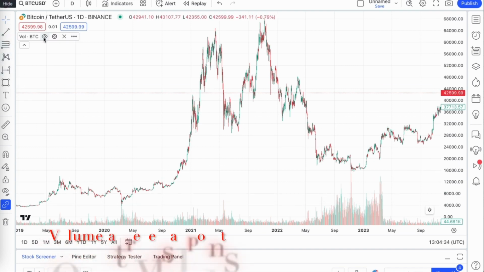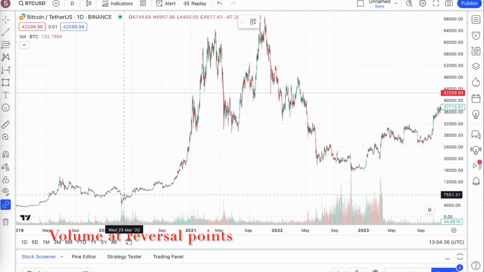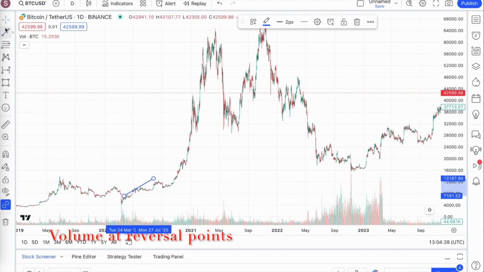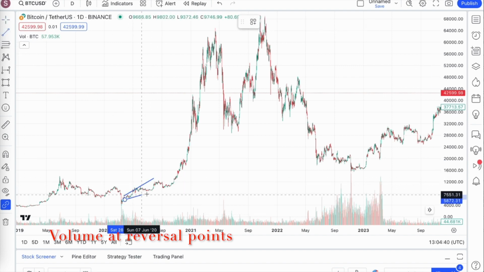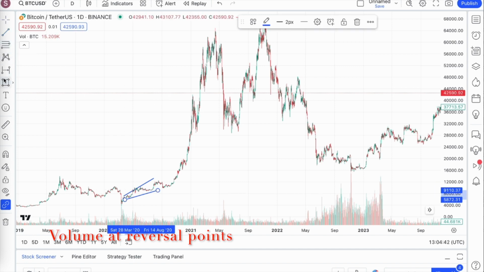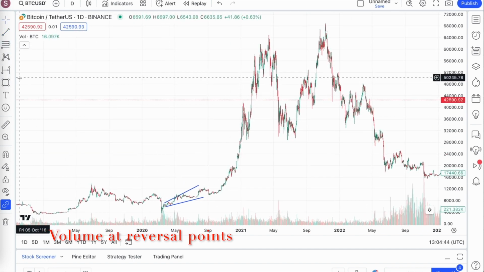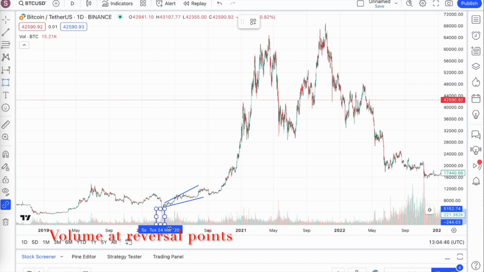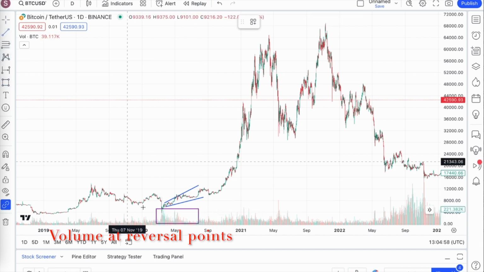So using the same Bitcoin USDT chart, I'd like to show you how volume indicates reversals or turning points. In 2020, as that accumulation cylinder was forming, we see exceptional volumes starting from point 1.